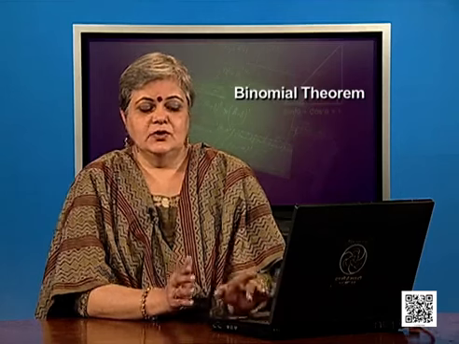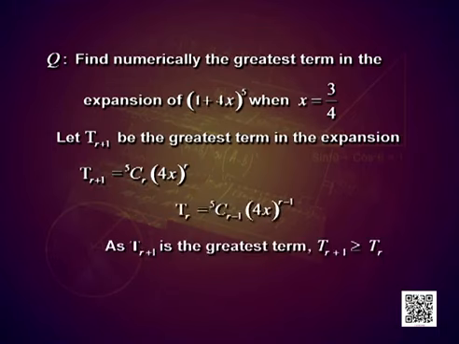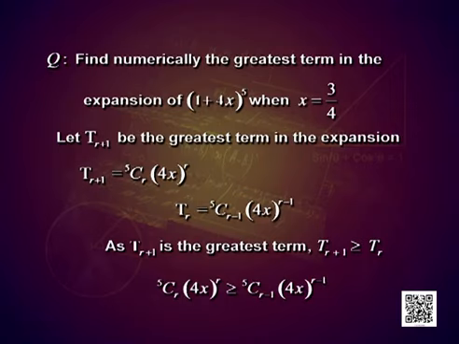So, if I assume that T r plus 1 is the greatest term in this expansion, then that would mean that T r plus 1, which takes the value 5Cr (4x) whole to the power r, will always be greater than or equal to T r, which is nothing but 5C r minus 1 (4x) to the power r minus 1.